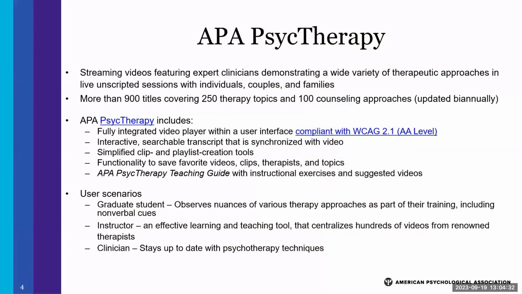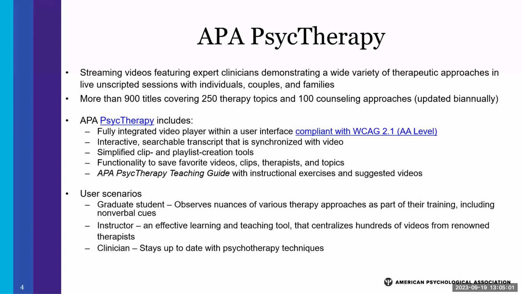All right, so starting with the basics, we're here to learn about APA PsycTherapy. APA, American Psychological Association, overall has 6 databases. This is the smallest and the newest and the most specialized because unlike other research resources you might be used to using that are going to have journal articles, dissertations, books, PsycTherapy is a compilation of streaming videos.